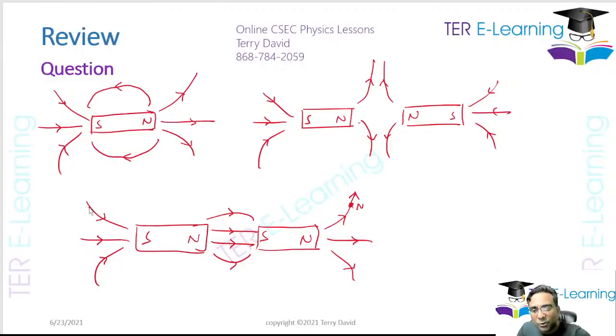If this was a North Pole, it's going to be attracted to the South Pole. That's why the arrow is pointing this way. So that's an exam question. Define the direction of a magnetic field. It is the direction of the force on a North Pole placed at that point. That's the answer, right? So we need to know these magnetic fields.